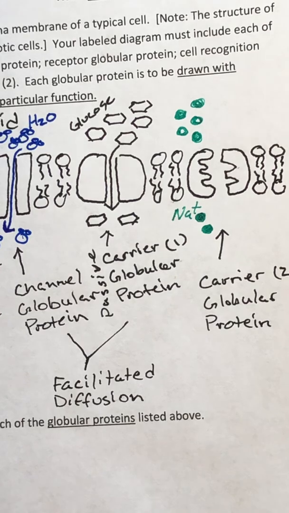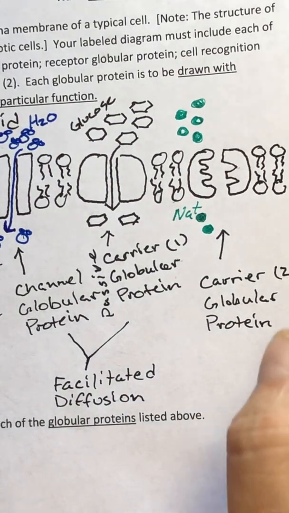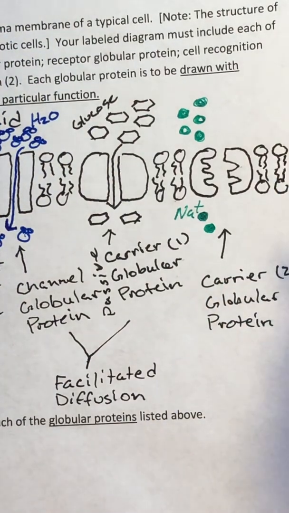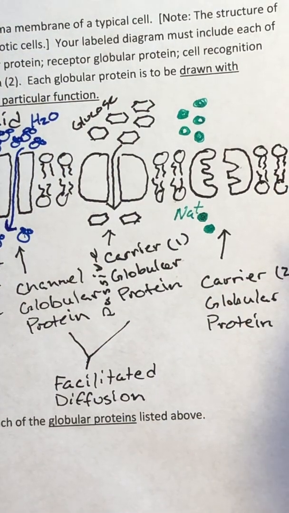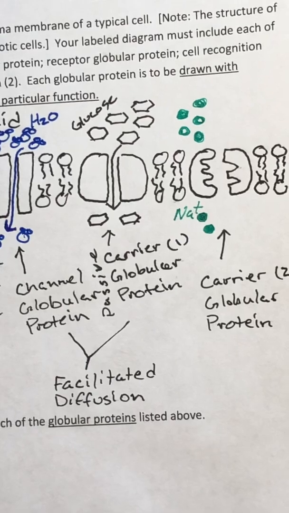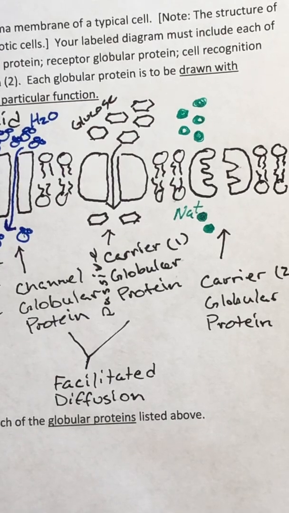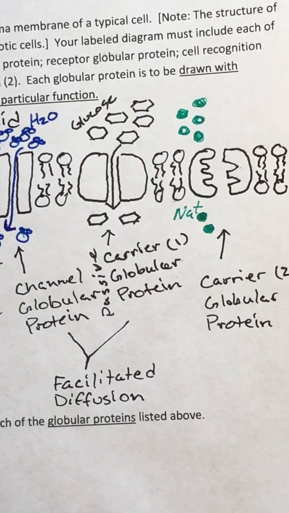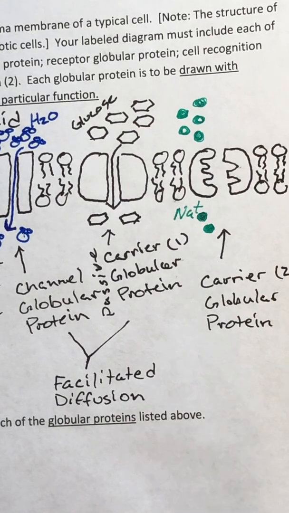I don't know if I can squeeze any more life out of my red pen, but I'm going to give it a try here. And so we're going to look at two different types of ions, basically a sodium ion and a potassium ion. So we'll try this one.